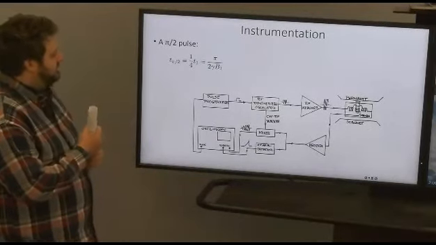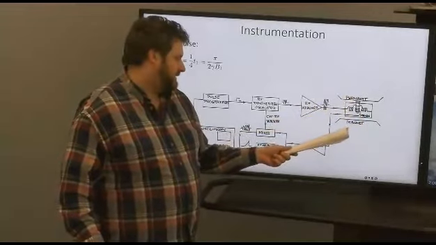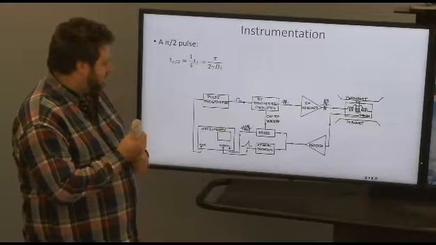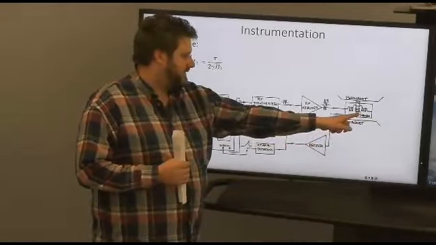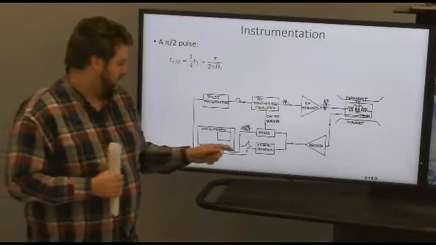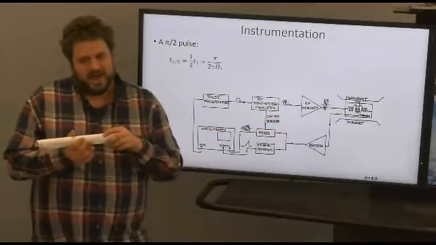Okay, so just to show a little bit about the instrumentation, they have the magnet, which we talked about before, and your sample. The important thing here that I want to get across is that you have the receiver, which gives a signal as to when they resonate back over time, right?